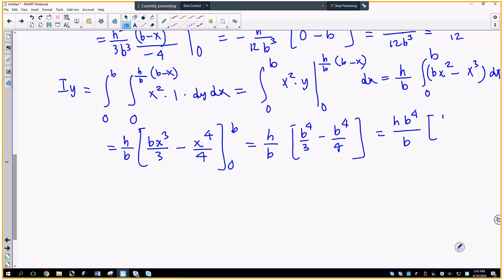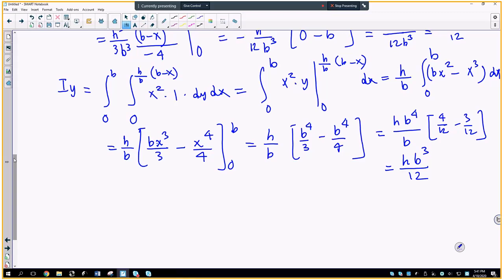So I'm going to write it as 4 over 12 minus 3 over 12. And that's 1 over 12. And then cancel one of the b's. You get h b to the power 3 over 12 as your answer to the end question.